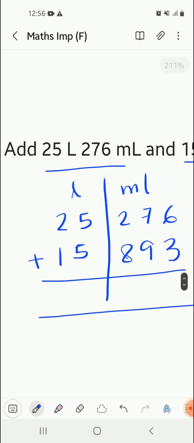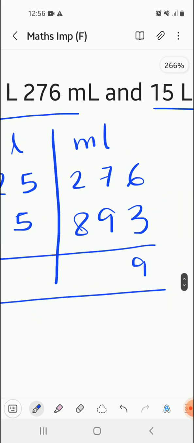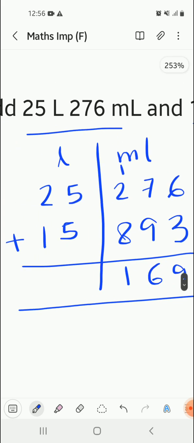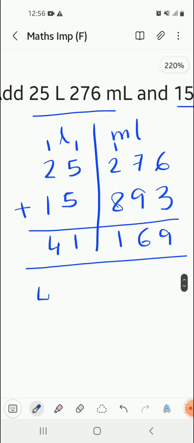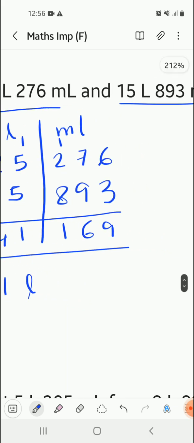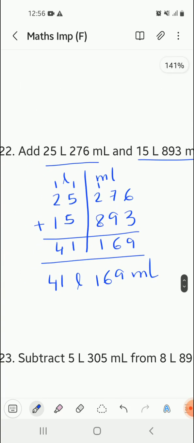Simply add. 6 plus 3 is 9. 9 plus 7 is 16. 8 plus 2, 10 plus 1, 11. 1 moves here. 5 plus 5, 10 plus 1, 11. 2 plus 1 plus 1, that is 4. So it's coming down to 41 liter 169 ml. That's it.